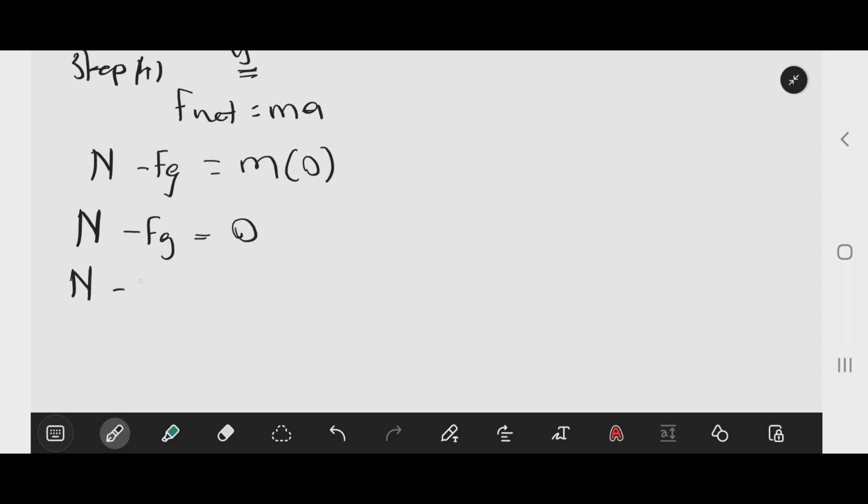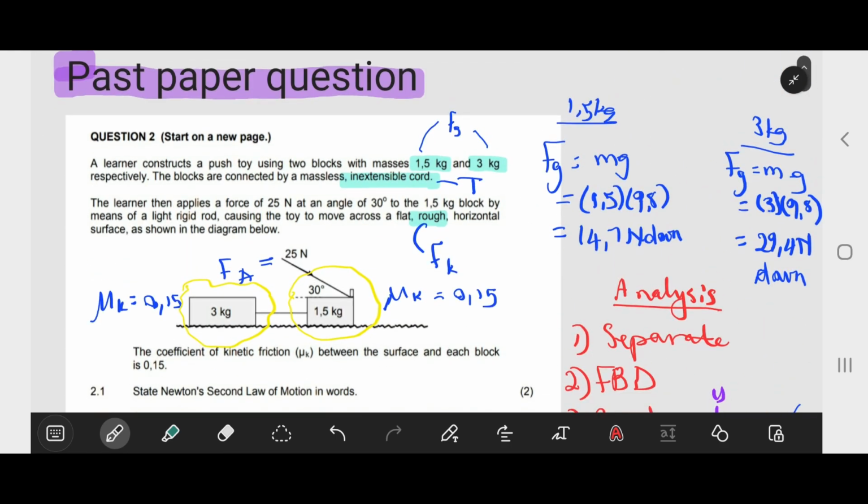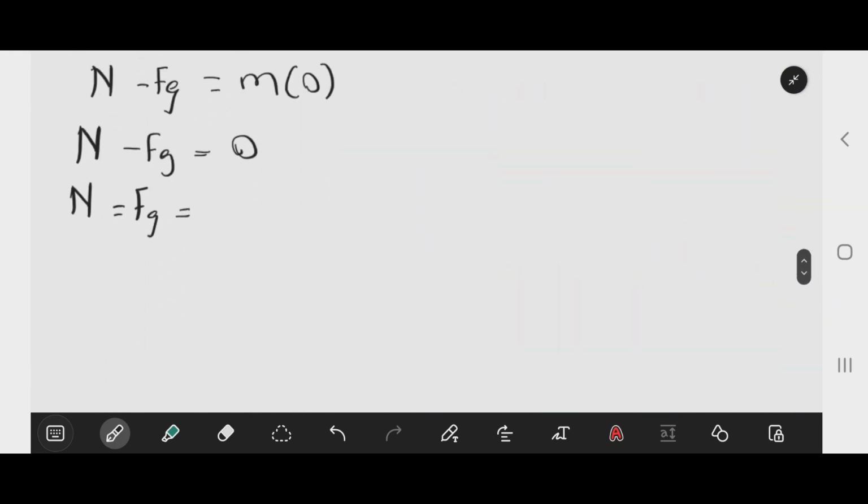So your normal force is equal to Fg, right? We have already calculated Fg for the 3 kg, which is 29.4. So we have 29.4 as our normal force, okay?